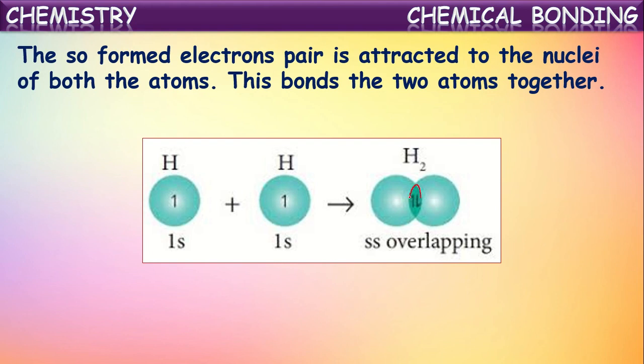Now this pair of electrons is attracted by both the nuclei. In this way, this pair of electrons bonds the two atoms together. In that way, a hydrogen molecule is formed. So in the hydrogen molecule formation, there is s-s overlapping.